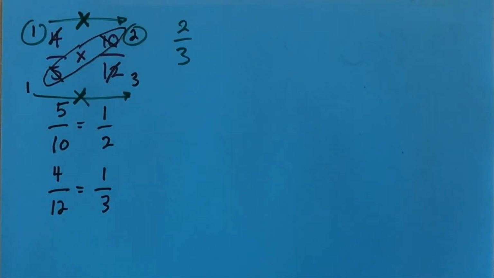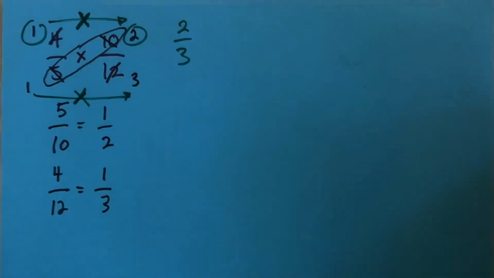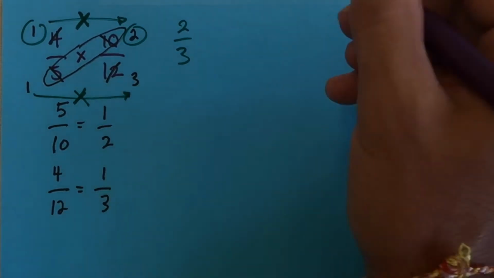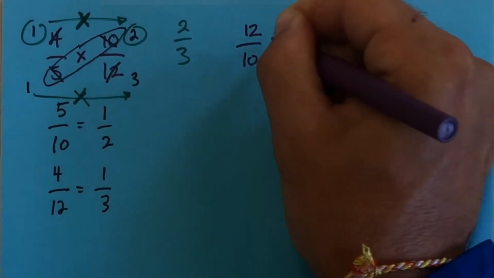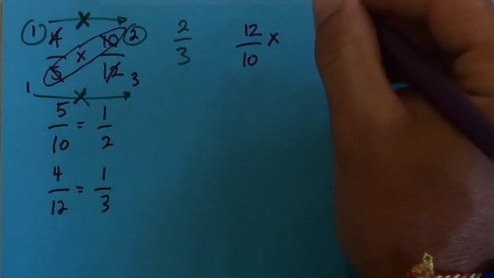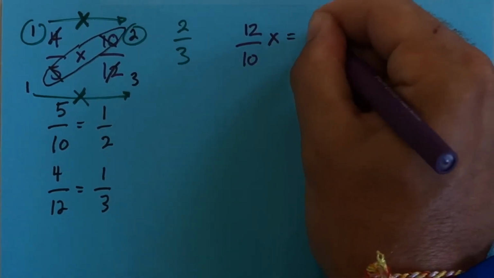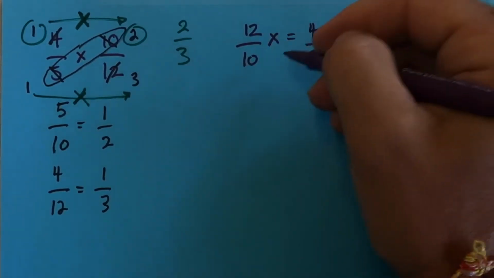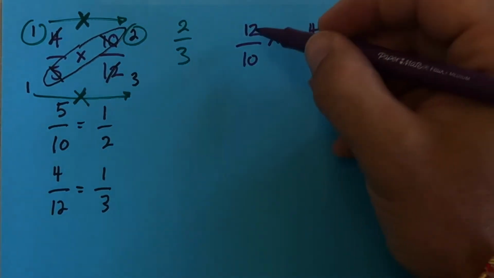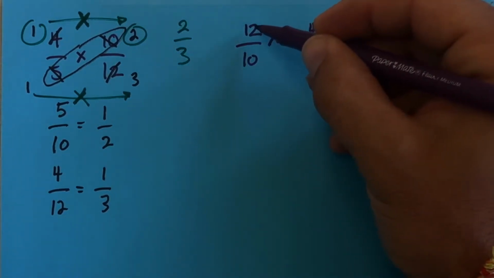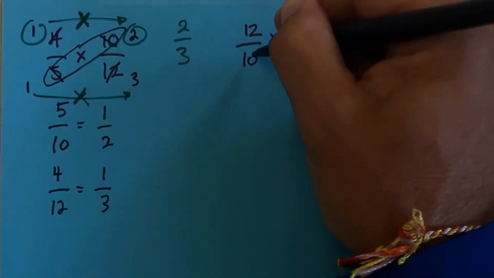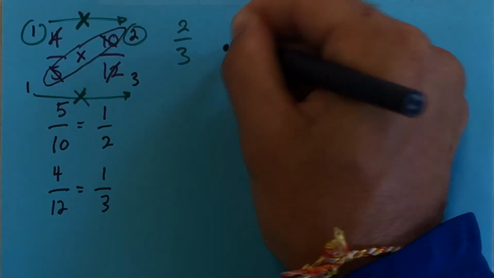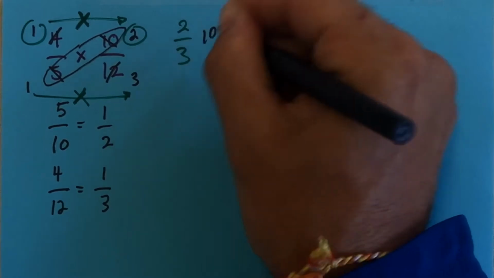I'm showing you that because if you're given a one-step equation, let's say 12 over 10 x is equal to 4/5, again we want to get x by itself, so we want to do inverse operations. The inverse operation for this 12 over 10, to move it to the other side, is to multiply by its inverse.